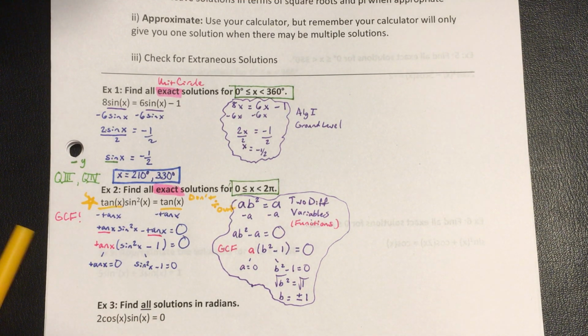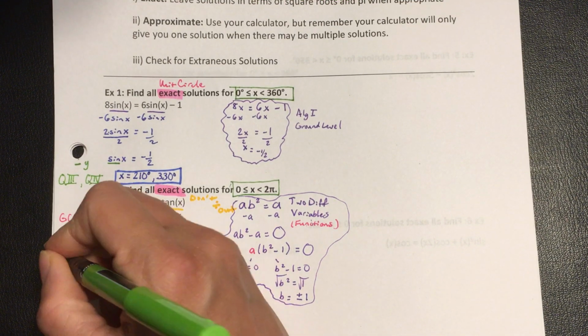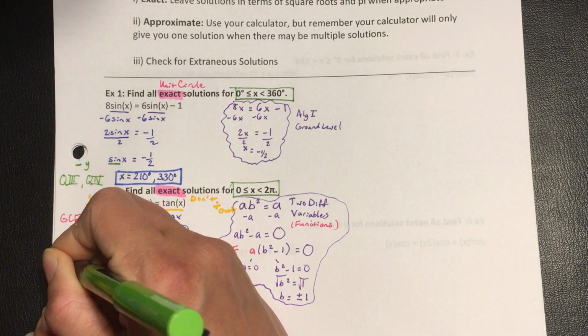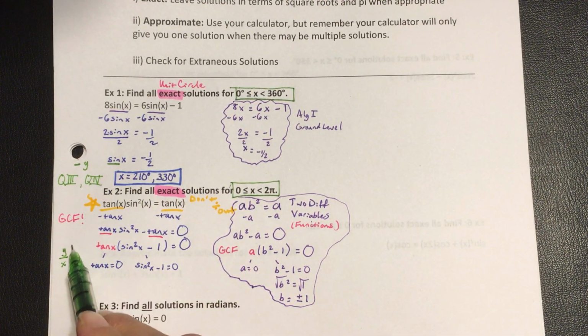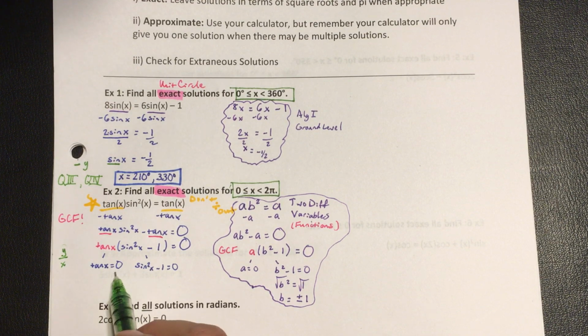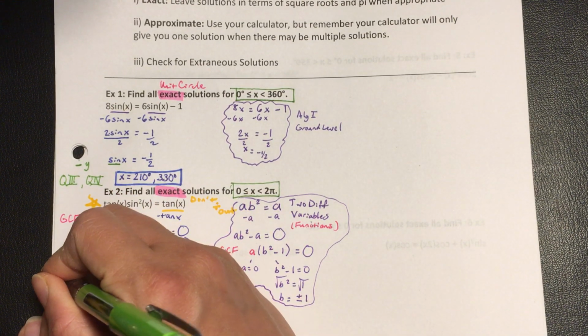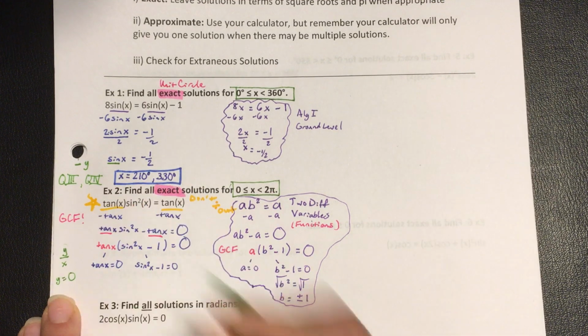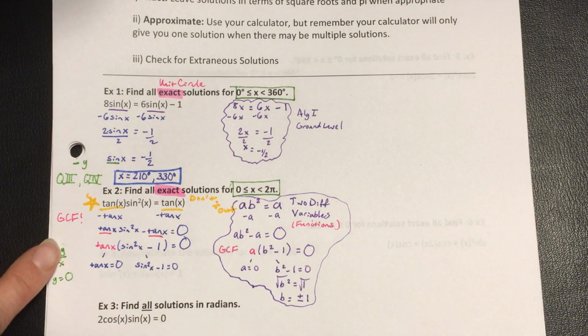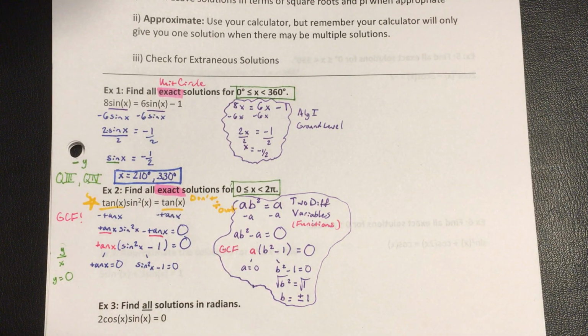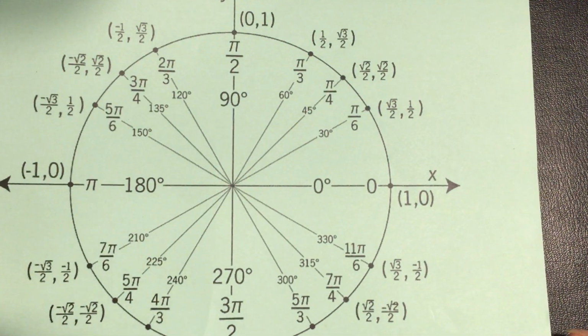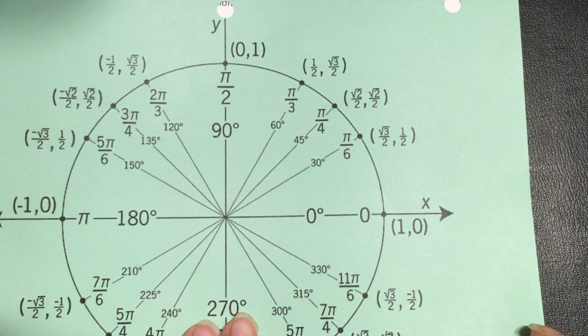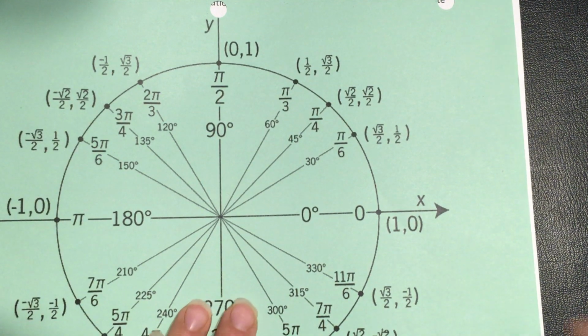So first, tangent is y over x. So if I need this to be equal to 0, essentially, we need the y value to be equal to 0, because 0 divided by anything is 0. We just can't have that x value be equal to 0. So going to my unit circle, where do I have a y value of 0?